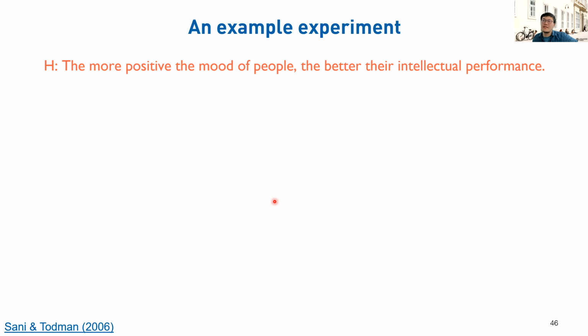The hypothesis is how the positive mood of people will affect their intellectual performance. How do you want to test it? Same idea. You manipulate the mood and then you measure their performance. Similarly to what we had earlier, with people's lifestyle and their healthy food choice, right? This is the link.